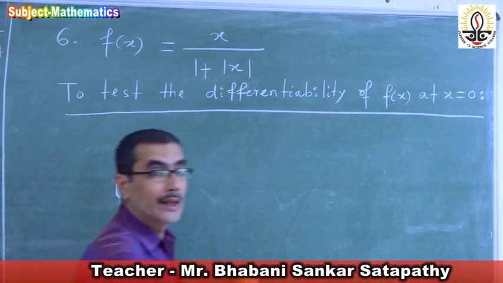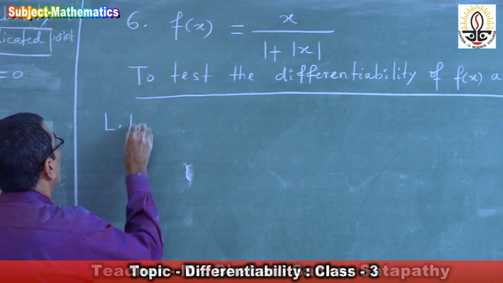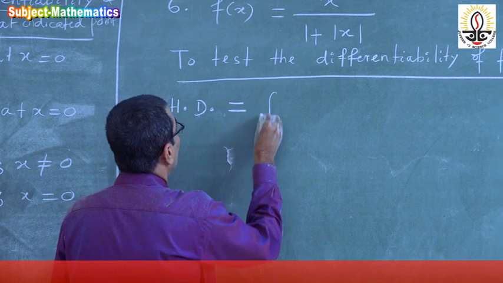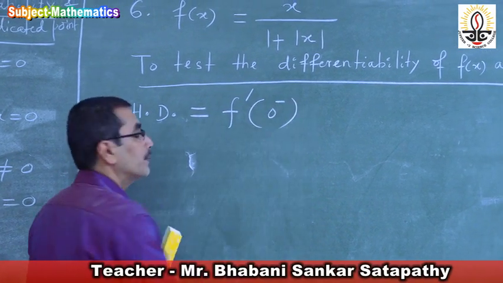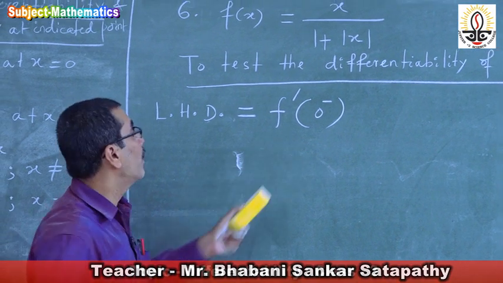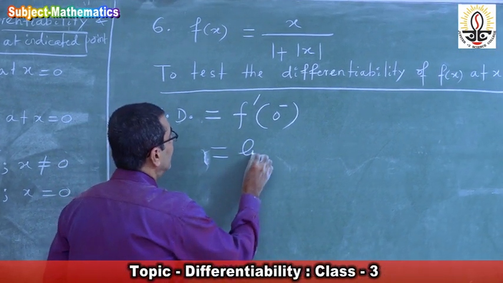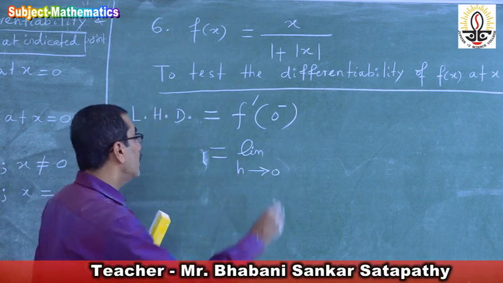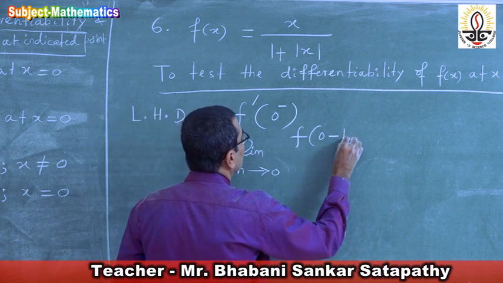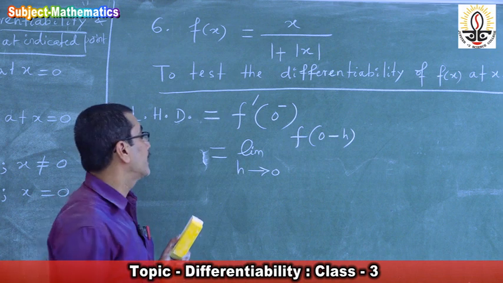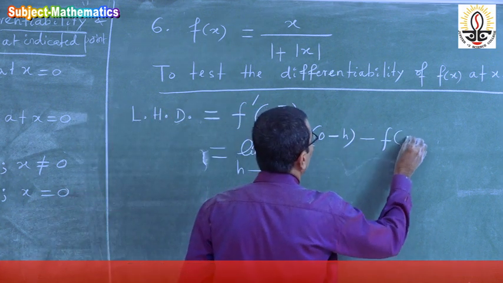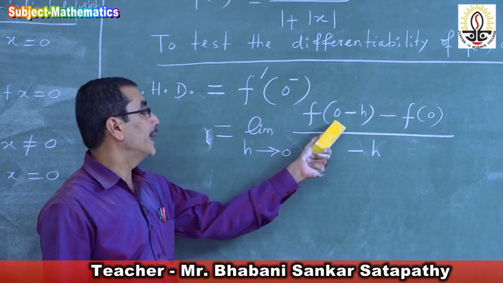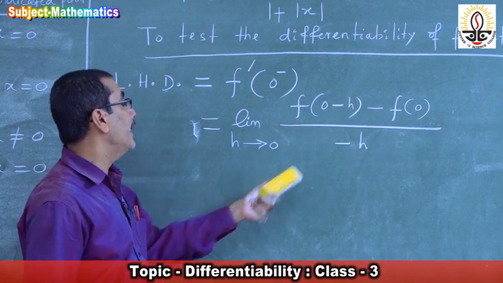First of all we will find out the left hand derivative. Left hand derivative is equal to f dash 0 minus, which is equal to limit h approaches 0, f of 0 minus h minus f of 0 divided by minus h.